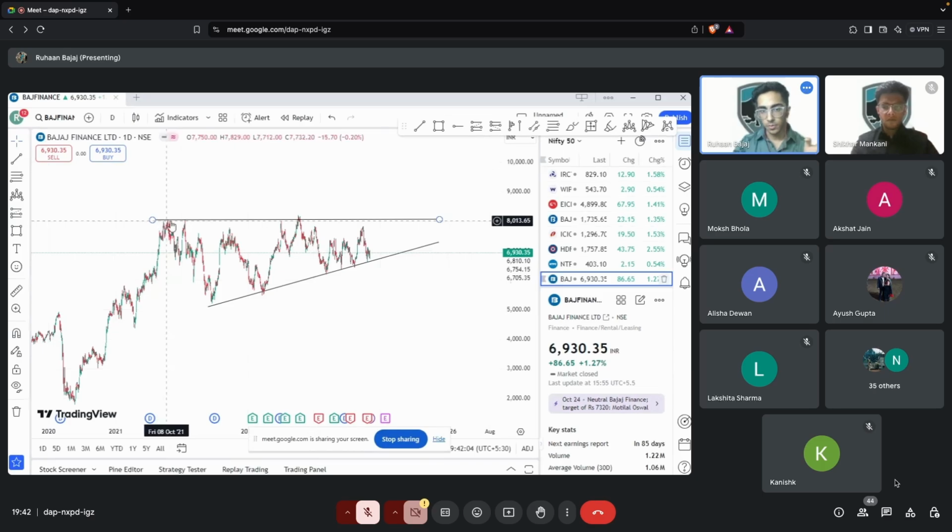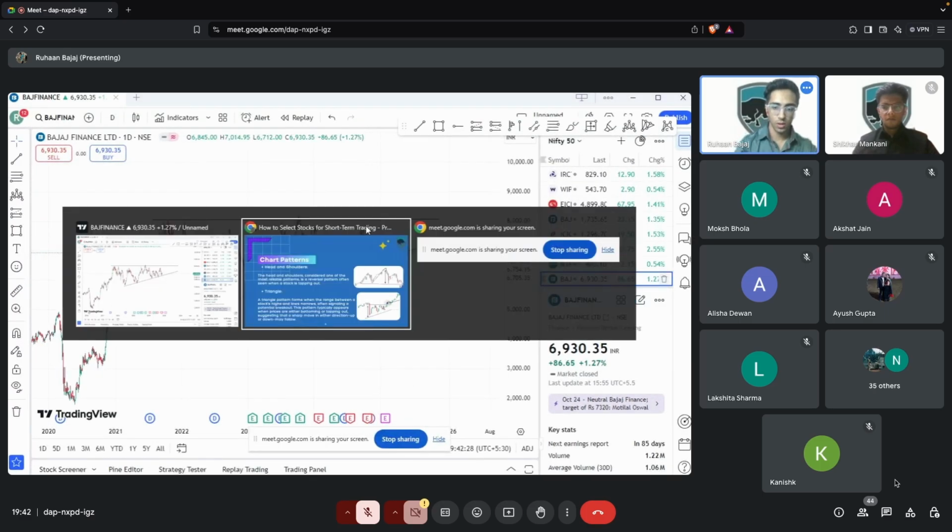This is what an asymmetrical pattern looks like, almost a horizontal resistance and then an inclined support. Now, this shows the price to be bullish. The lows are getting higher. The price is moving up while getting resistance from the same point.